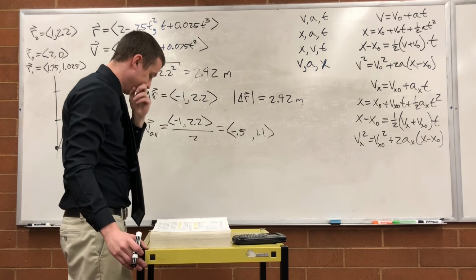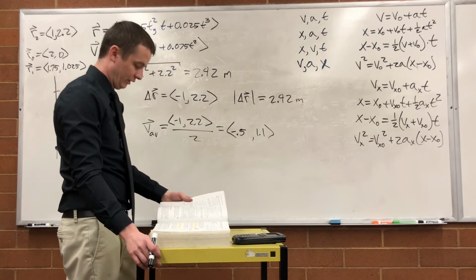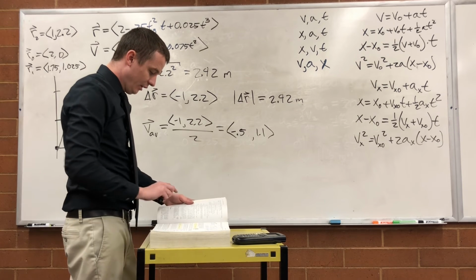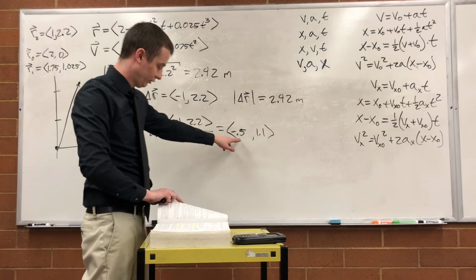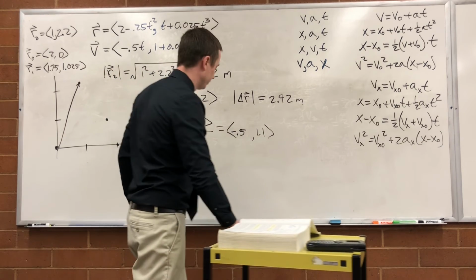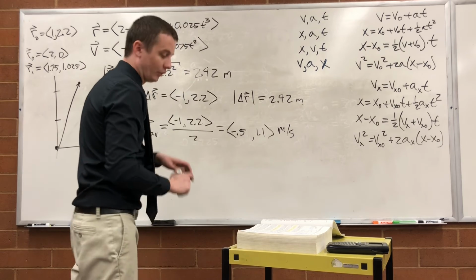We did that one right. They just have it written out with the i's and the j's rather than just in vector notation like I have it there. And average velocity, we have negative 0.5 meters per second and 1.1 meters per second. I'm saying squared. So we did that one right.